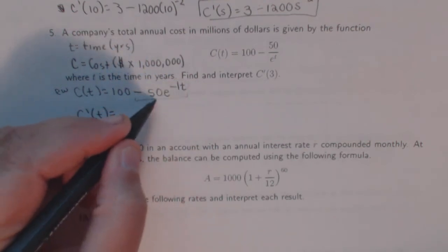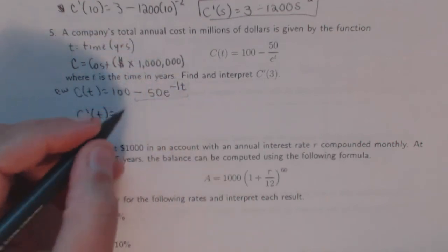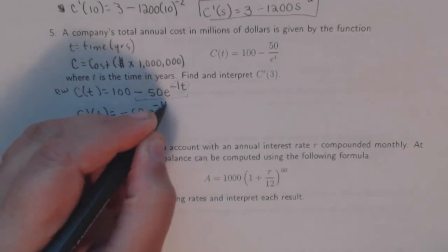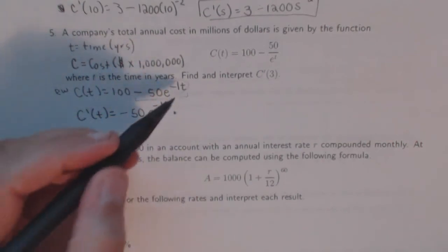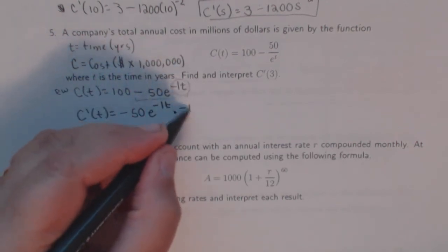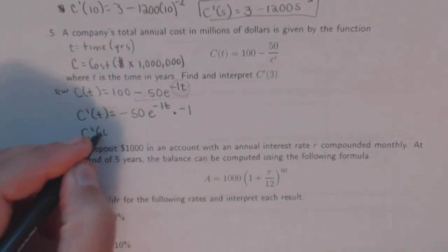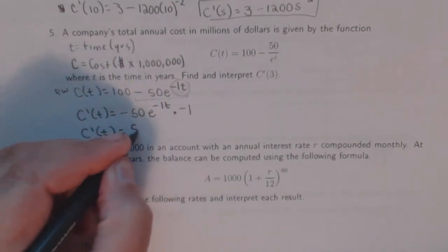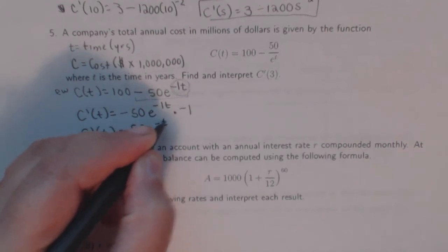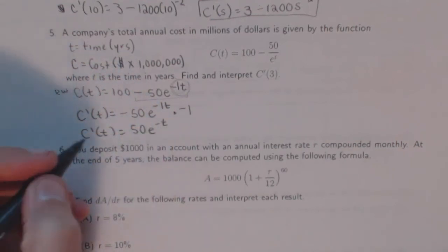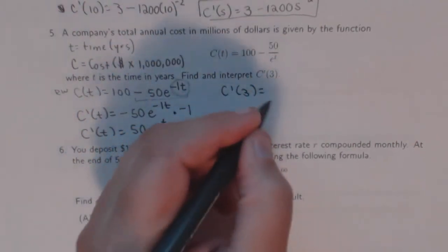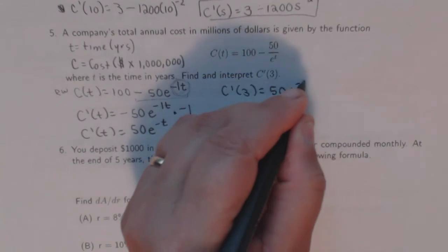The derivative of negative 50e to the negative 1t is negative 50e to the negative 1t, but then you have to take the derivative of this power here, which is negative 1. So if we simplify this, negative 50 times negative 1 is positive 50e to the negative t. So that's the derivative, and then you want to find c prime of 3. That's going to look like 50e to the negative 3, and we'll use Excel to give us that answer, and then we'll interpret it.